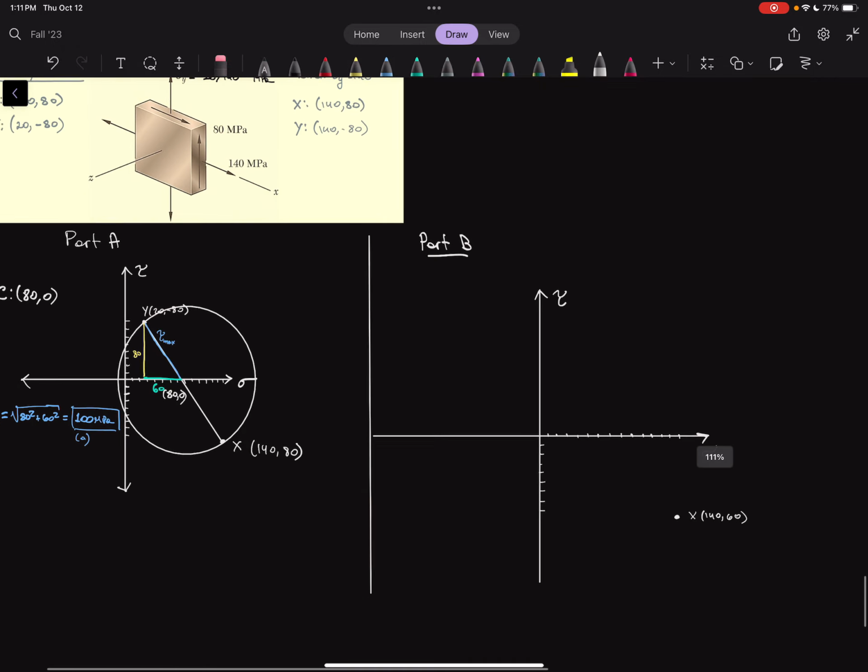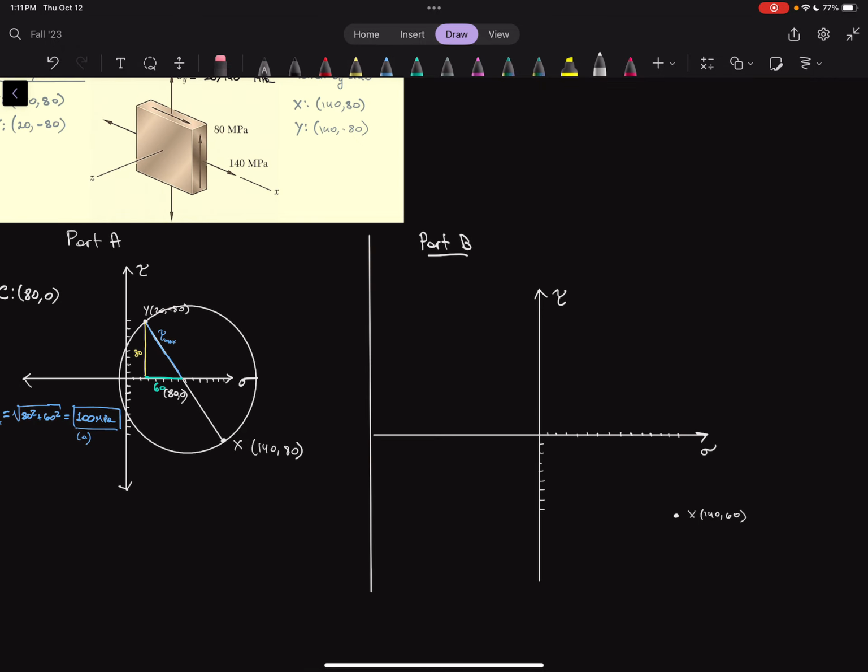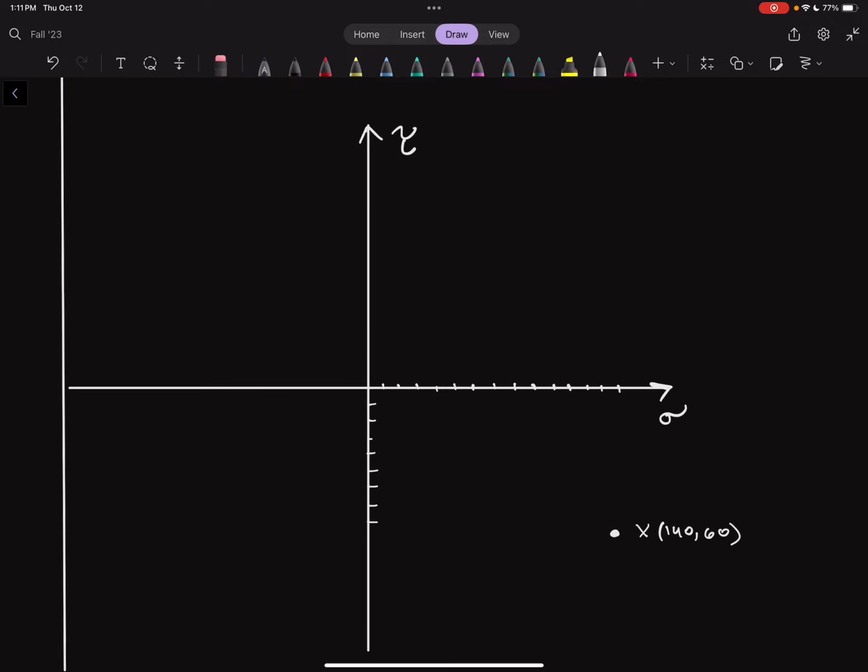My y face is going to be at 140, negative 80. So at 140, negative 80, that's going to be 1, 2, 3, 4, 5, 6, 7, 8. It's going to be right here. So my y is 140, negative 80.